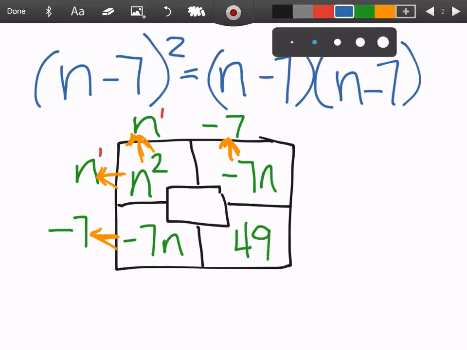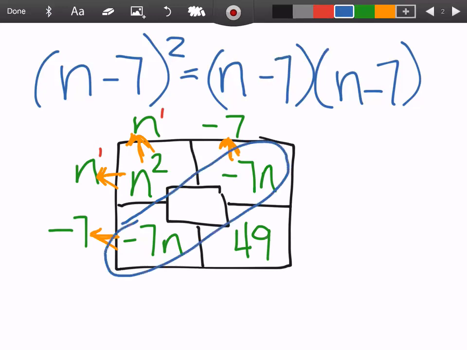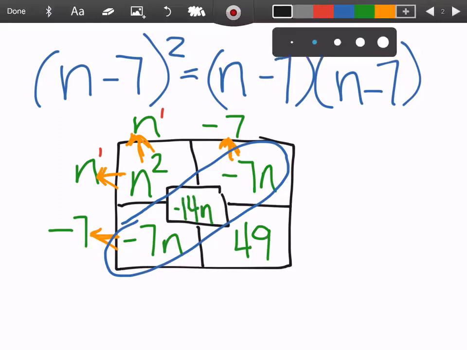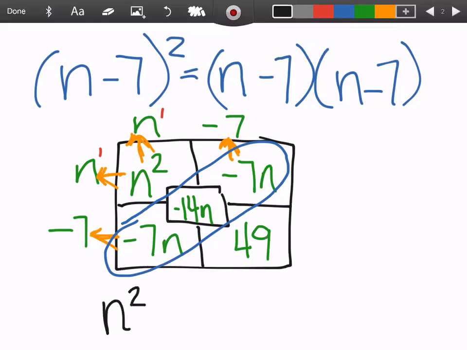If we look at these diagonals, the negative 7n and the negative 7n both have an exponent of 1, and they both have the same base. So these two are like terms that we can add together. And negative 7n minus negative 7n does not equal 0. It equals negative 14n. So then we can list our answer as n squared minus 14n plus 49.